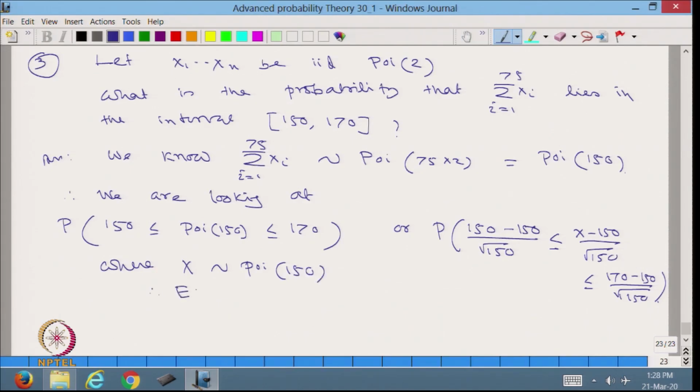Therefore, the expected value of X is equal to 150 and the variance of X is also 150.